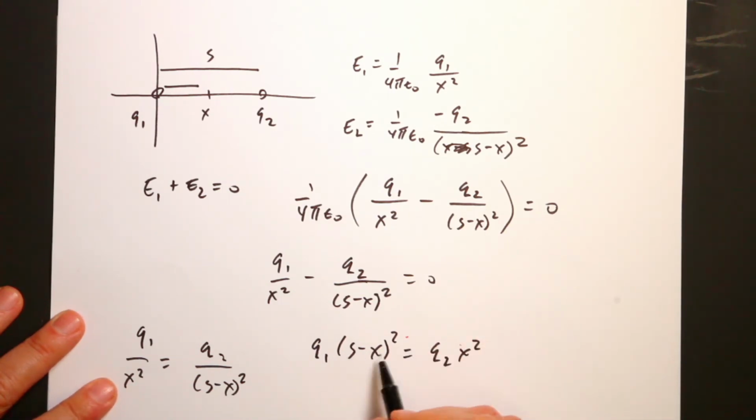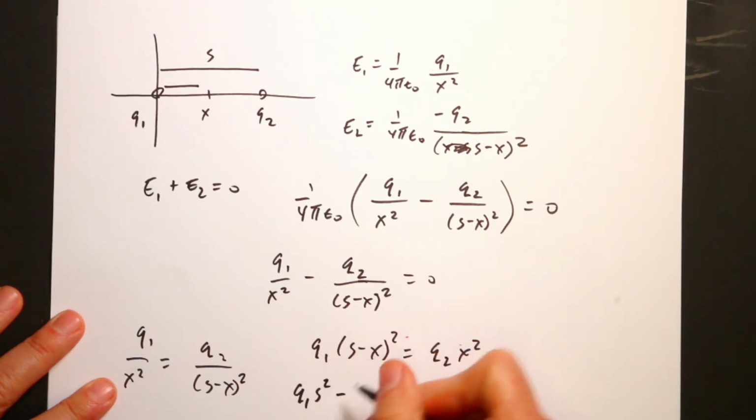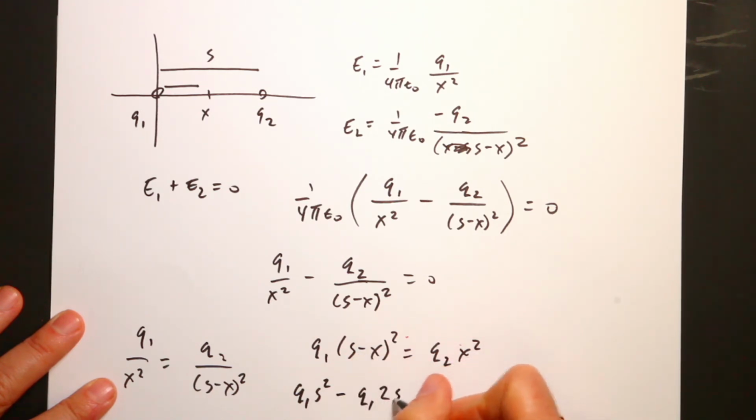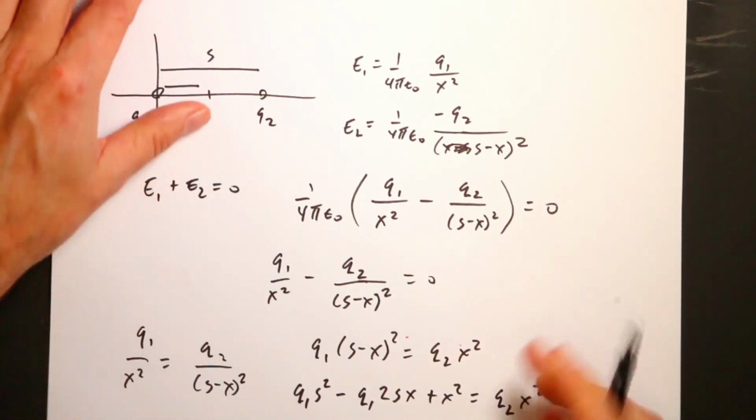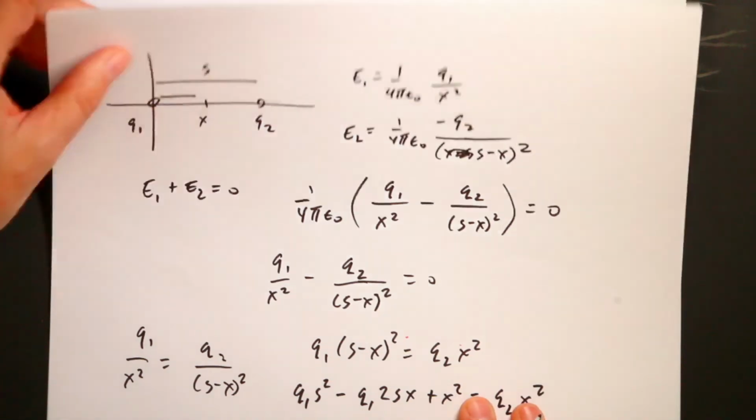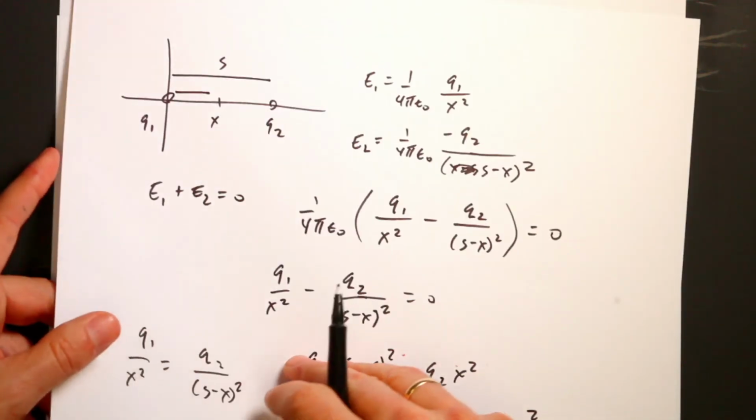Now I'm going to multiply this out, and I get Q1 s squared minus Q1 times 2sx plus x squared equals Q2 x squared. Okay, so then let's get this in a quadratic form.